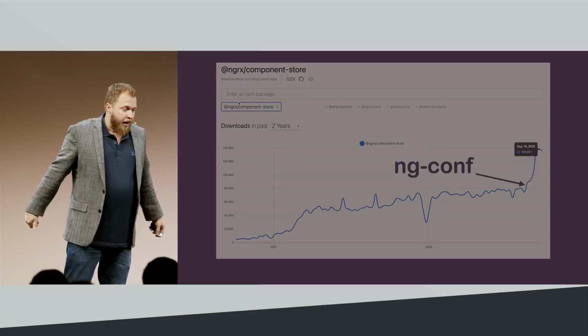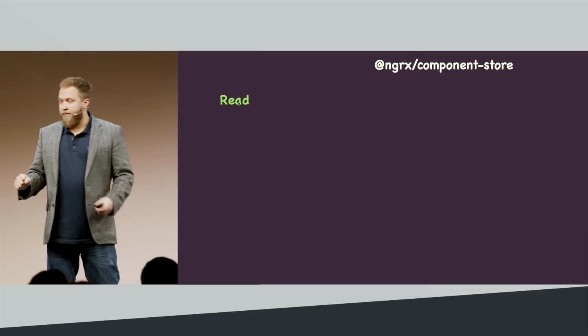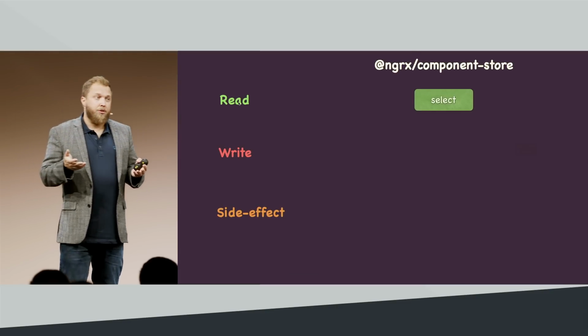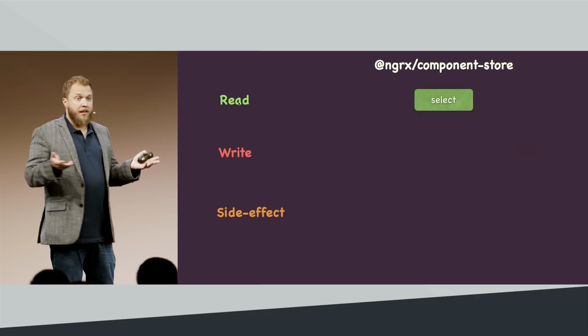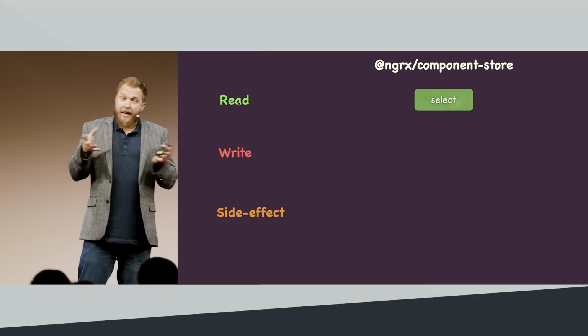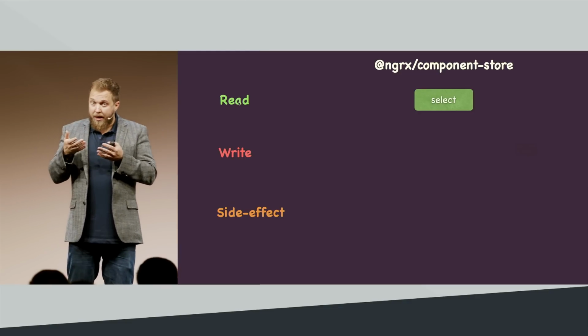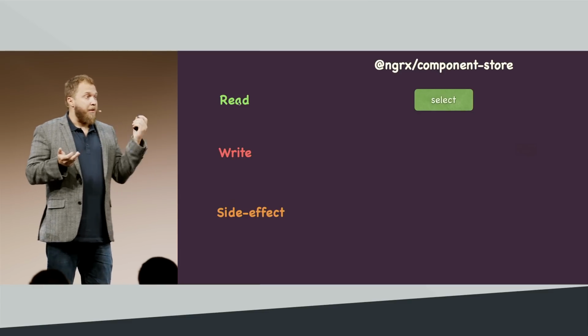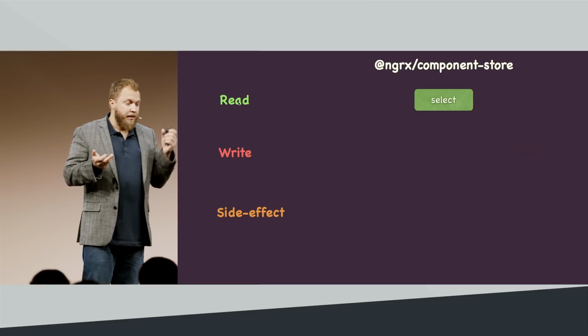Okay, so ComponentStore. Just like any state management library, it needs to do three things very well. It keeps the state, and it helps you manage that state. So it needs to be able to read the data, and we have the select method for that.